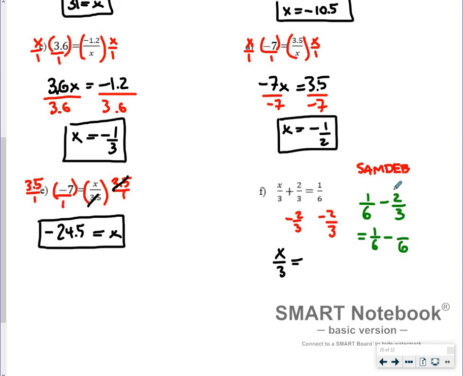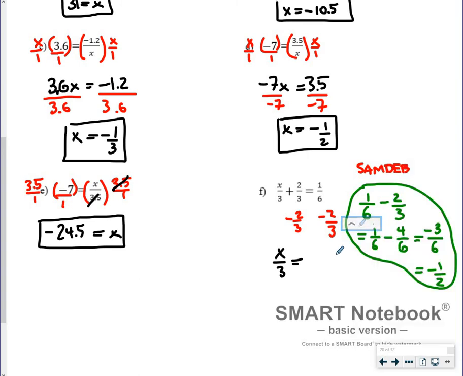In order for me to do that, I can multiply the top and the bottom by 2. So 3 by 2 gives 6, and 2 by 2 gives 4. So the equivalent fraction of 2/3 is 4/6. Now the denominators are the same, so I keep them the same. And 1 subtract 4 on the top is -3. So -3/6, which I can reduce to -1/2. So a little bit of a side procedure there. -1/2 is the result on the right side.